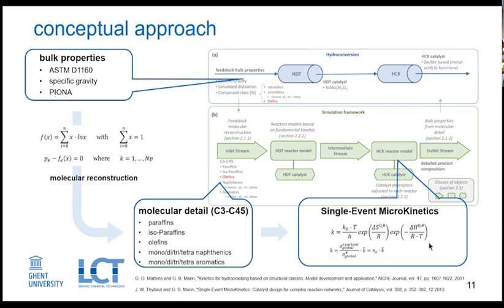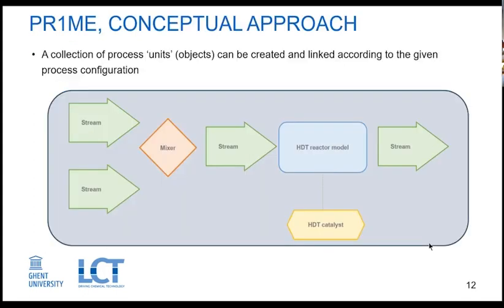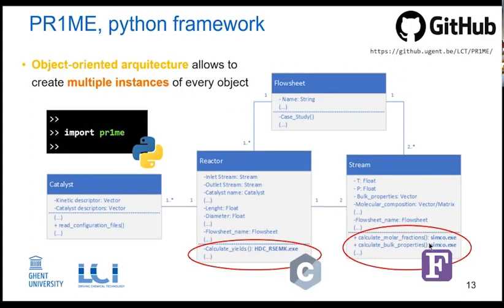Different objects are then created for the subsequent streams and reactors, and every reactor is linked to another object, the catalyst. All this software was written in an object-oriented approach using Python, but not all was written in Python. I will go into more detail later. Conceptually, it's a combination of different objects that you can combine, following the logic of a flowsheeting environment.